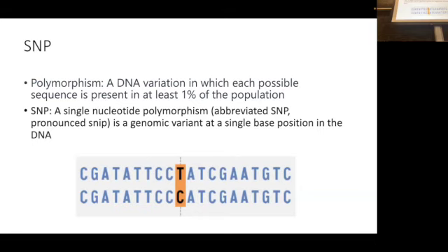Then the allele frequency is 10%, right? So initially we started by defining polymorphism as not so rare, at least 1%.